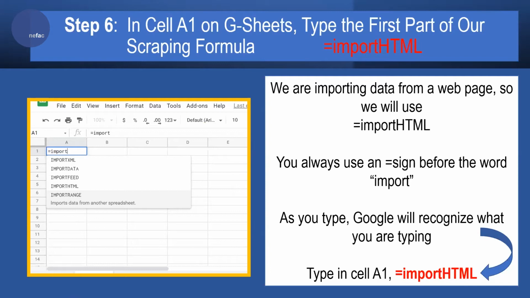With this formula, you always start with the equal sign. So you're going to type equals import. Once you start typing HTML, Google Sheets is going to recognize that's what you want to get.